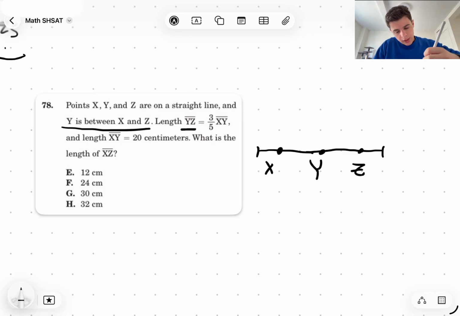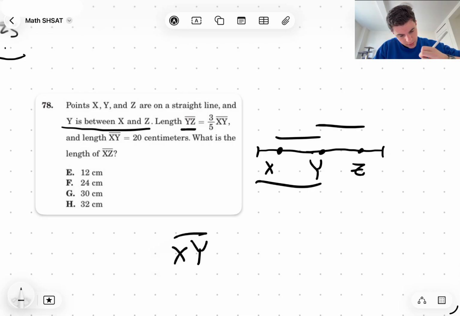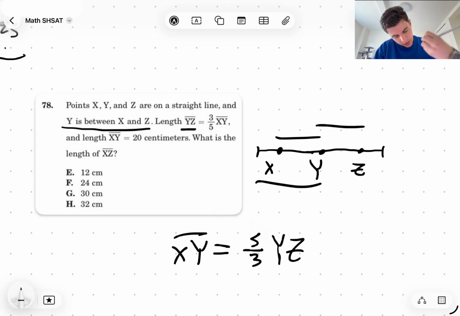Now they tell us length yz is 3/5 of xy, and length xy is 20. So yz is going to be 3/5 of xy, so xy is a greater length. Let's define distance xy in terms of yz. So xy is going to be 5/3 yz.